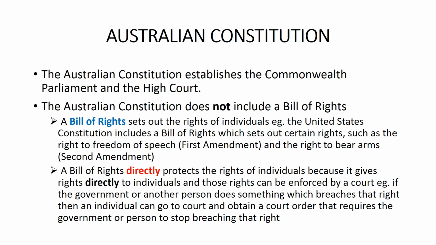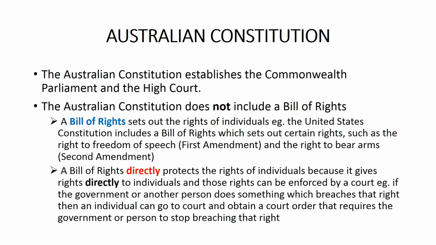That law would fairly clearly breach the right of Americans to freedom of speech, and so any American could go along to the Supreme Court and have the Supreme Court declare that law to be invalid because that law is inconsistent with, that is, breaches the Bill of Rights, which is set out in the American Constitution.